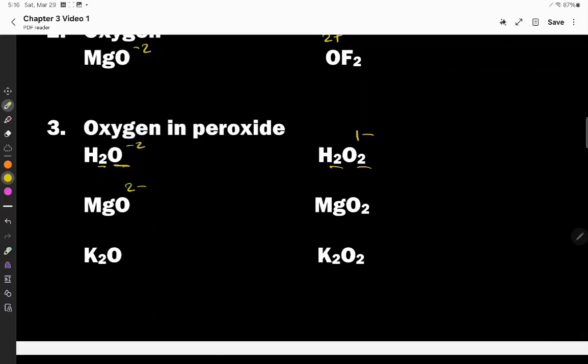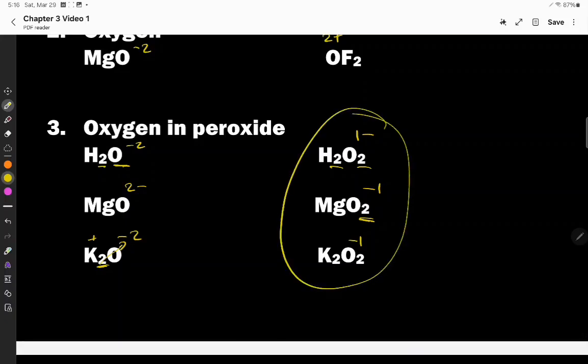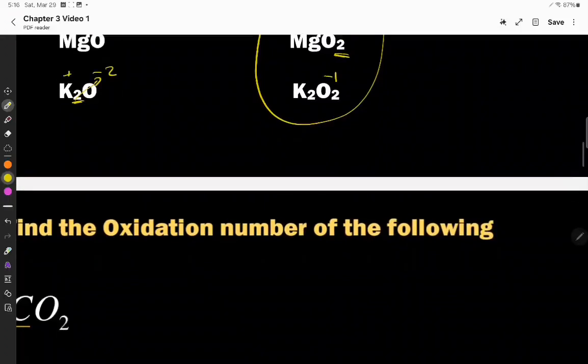MgO is 2 negative, MgO2 it will be 1 negative. K2O, this is monovalent, it will be negative 2 because this took 2 of oxygen. But if you have K2O2, this will be negative 1. It will not be negative 2. So in the cases of peroxide, you will have the oxidation number of oxygen negative 1.